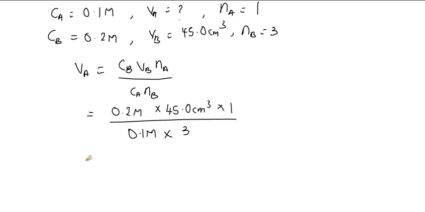So let's multiply this. We have 9 cm³ divided by 0.3, which is equal to 30.0 cm³.